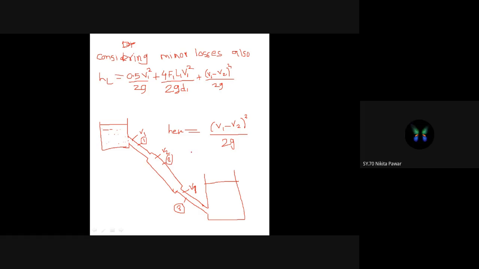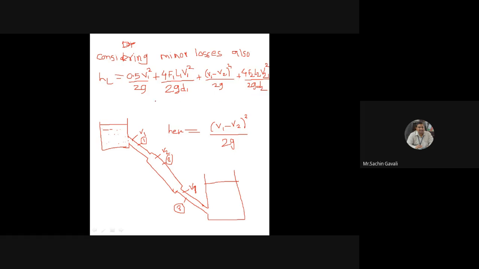Yes, sir. Okay. Plus, for the second pipe, what is the major loss? It will be 4 F2 L2 V2 square divided by 2G D2.